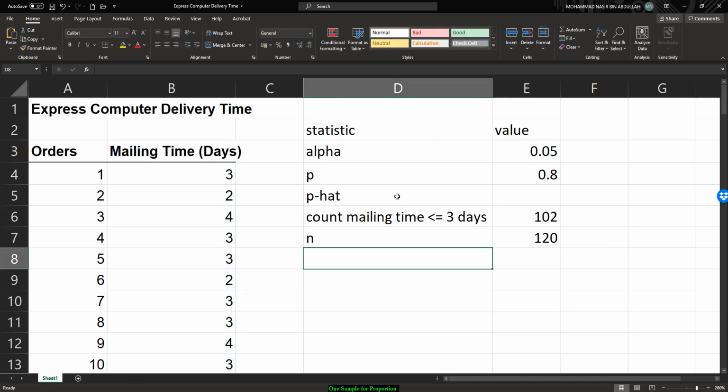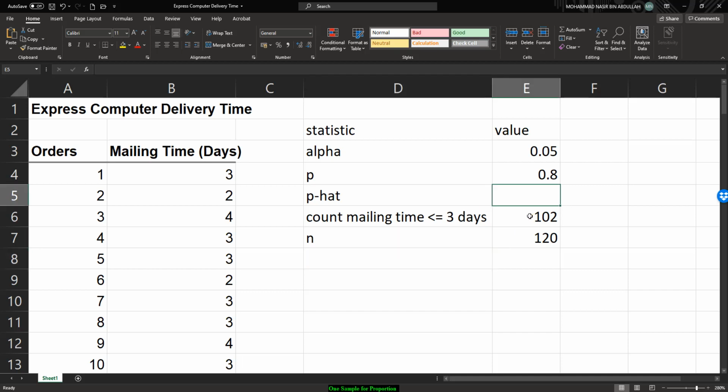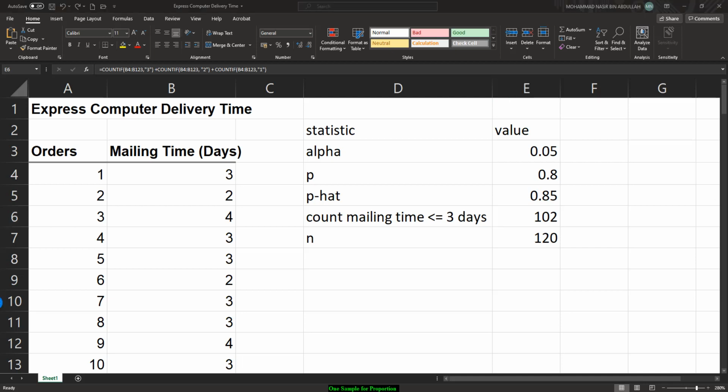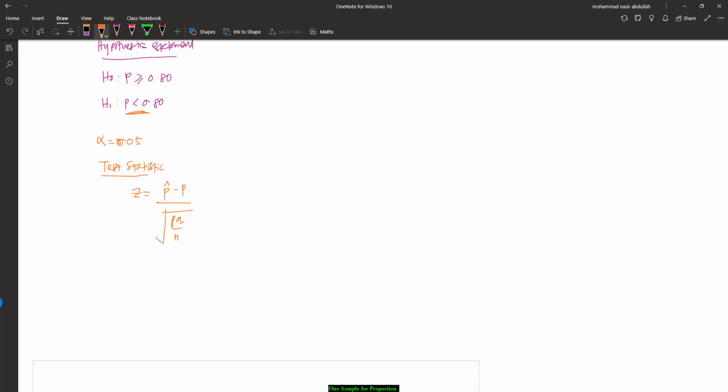To get P hat, we just need to divide 102 by 120. So we will get 0.85, right?